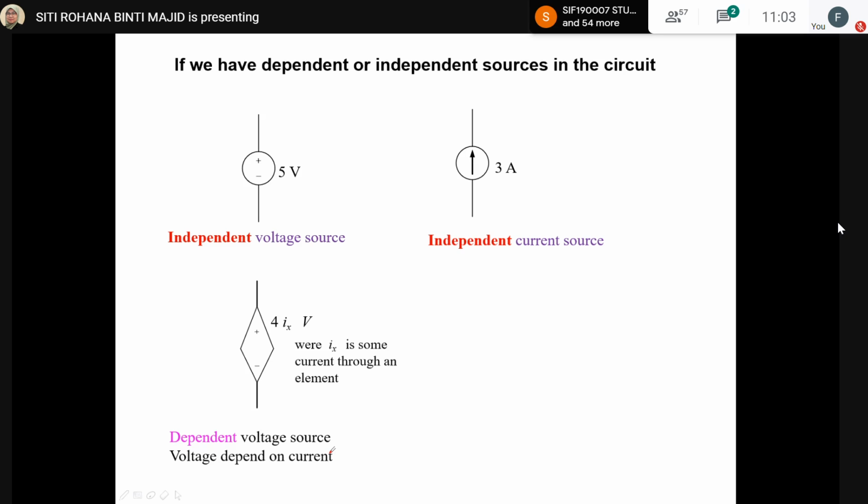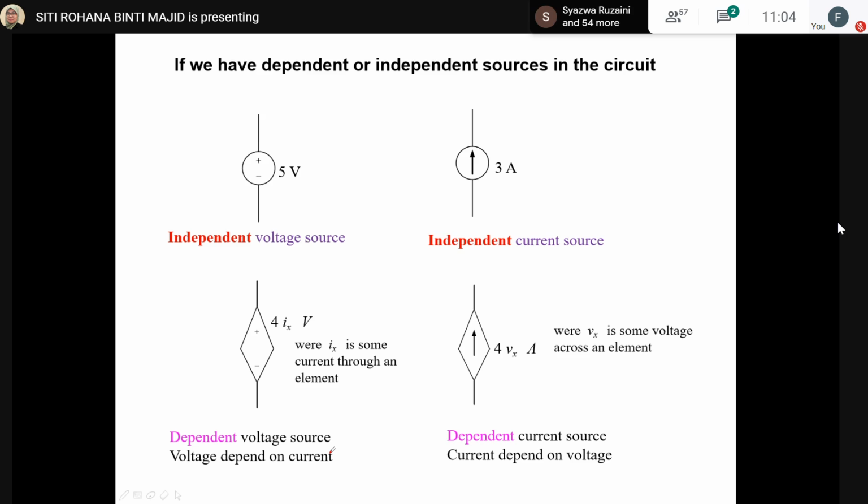you will also see a dependent voltage source. Because it is dependent, that means there is a parameter at the source. That means the polarity of the dependent source will control the variable and control the current flow in the circuit.